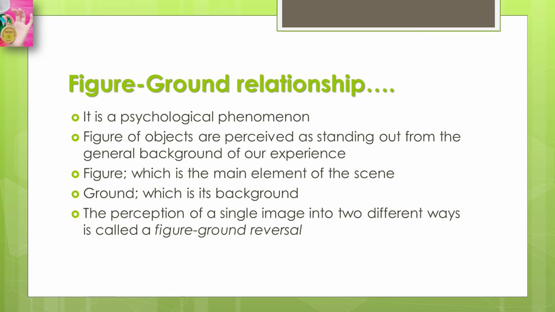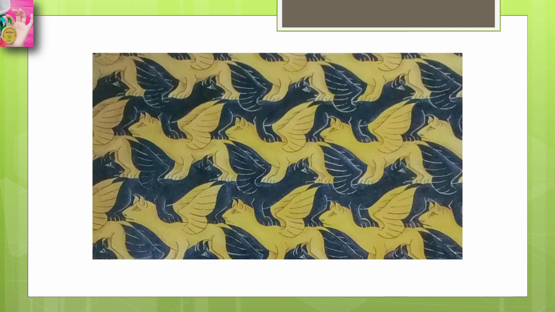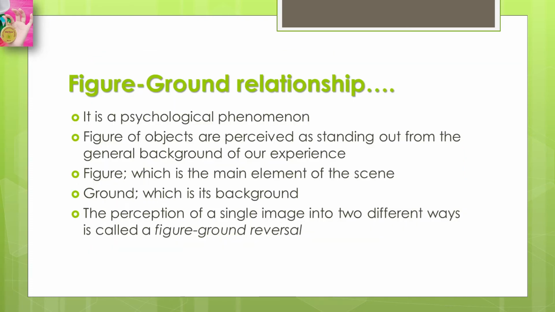Perceiving a figure against a background is perhaps the fundamental organizational tendency, and objects are perceived as standing out from the general background of our experience. The Gestaltists opine that perception is always relative to figure and ground, a primitive form of organization.